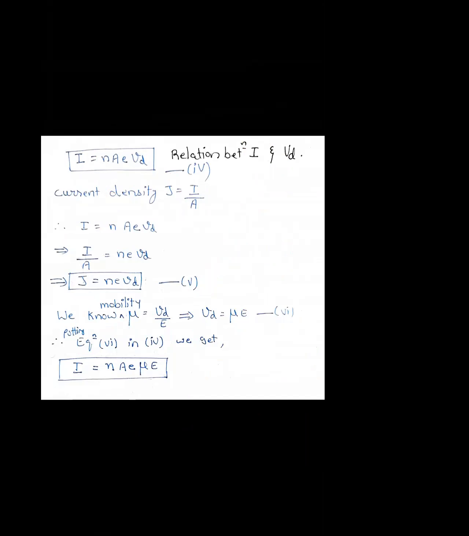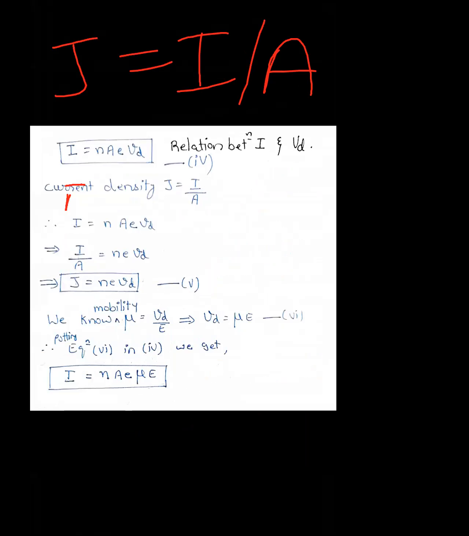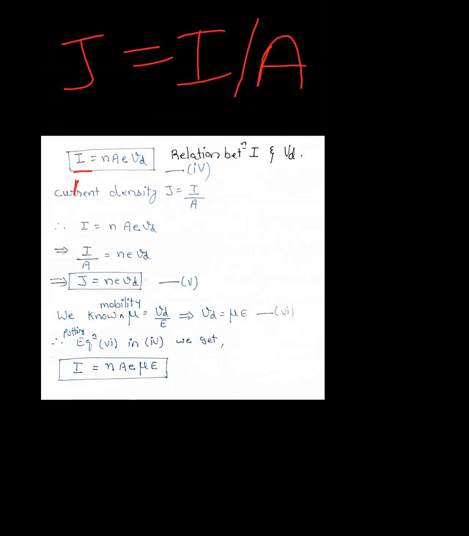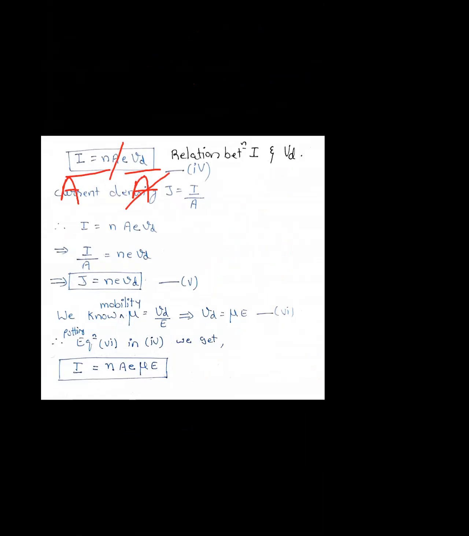Now, if I don't want current, I want current density. So, we know the formula of current density. J equals what? I by A होता है na? So, what we will do? We will simply divide the equation by A on both the sides. Here A will get cancelled.